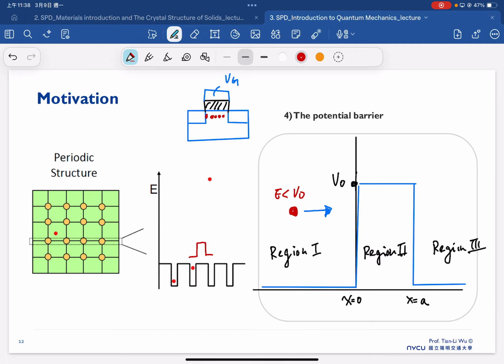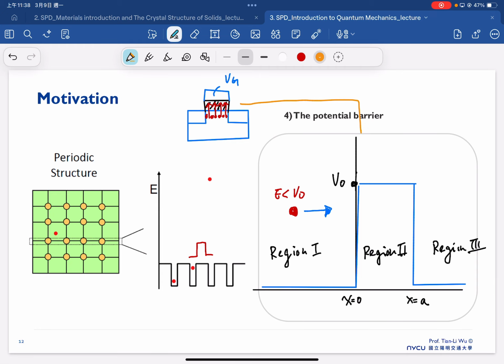We will have the electrons accumulating in the channel, but then the electrons will be attracted toward the top.